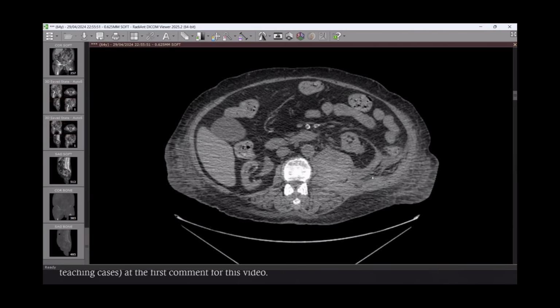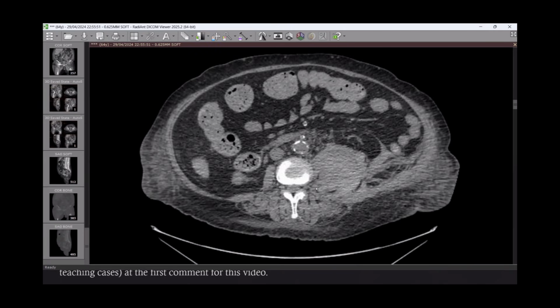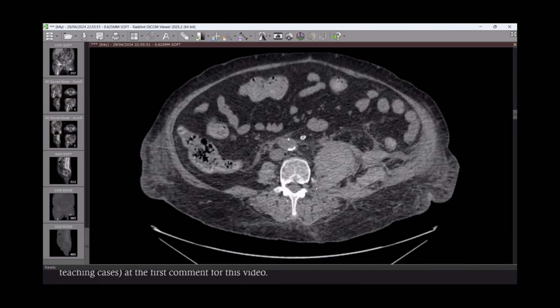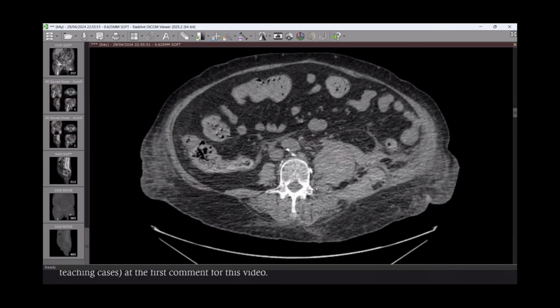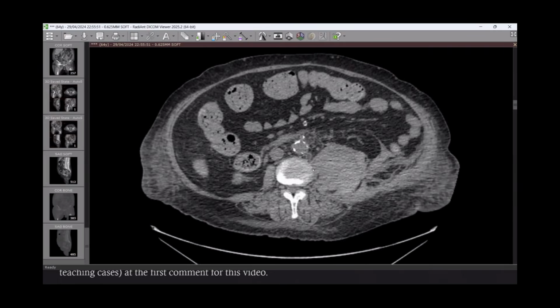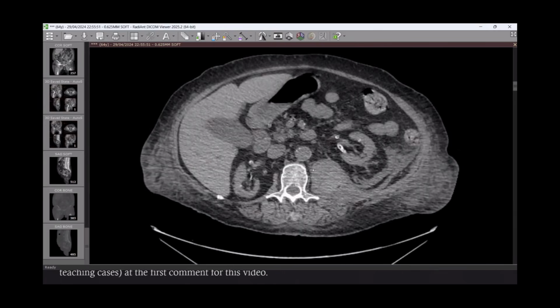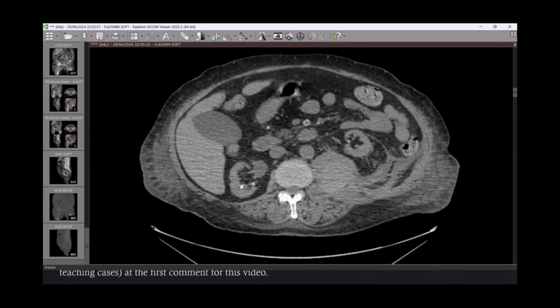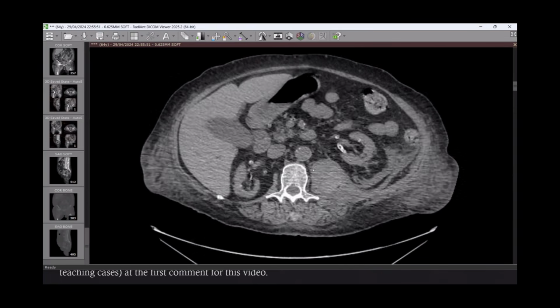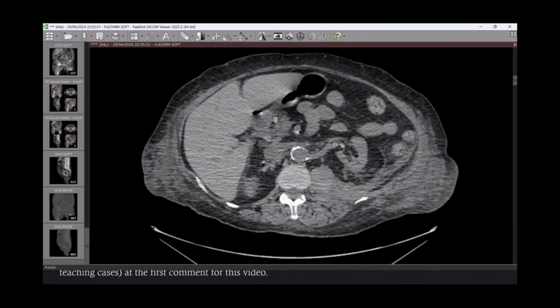I will put the possibility of psoas muscle hematoma as a first possibility for this case, and I would like to check the coronal images to see the extension of this hematoma, as it displaces the retroperitoneal structures, the kidney and the perinephric fat.